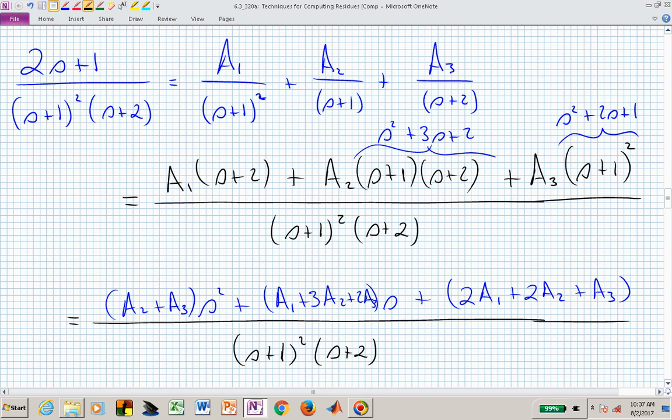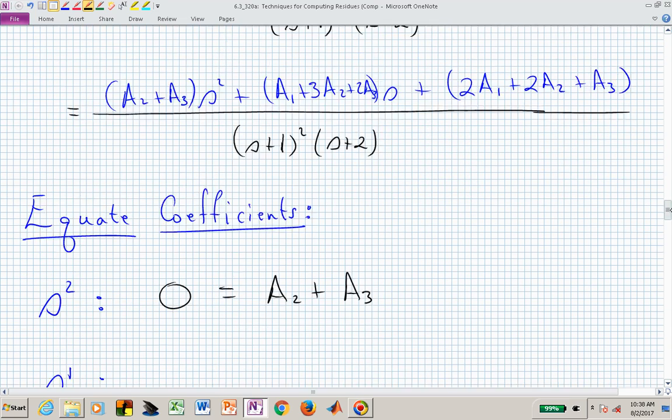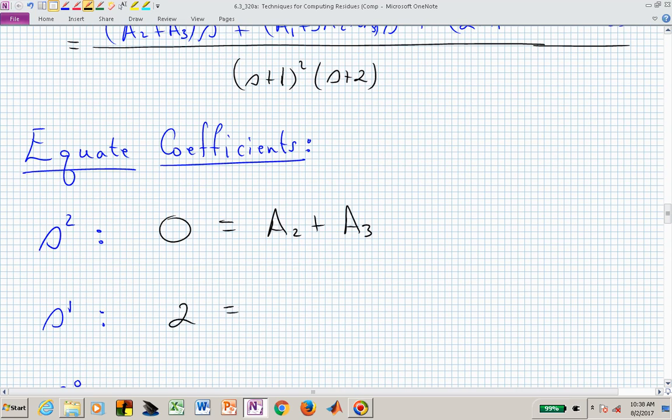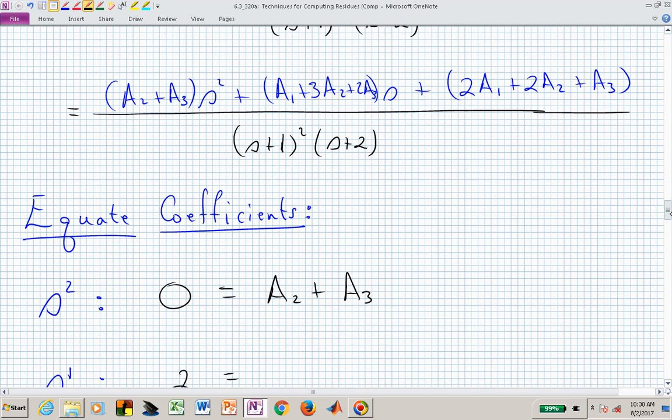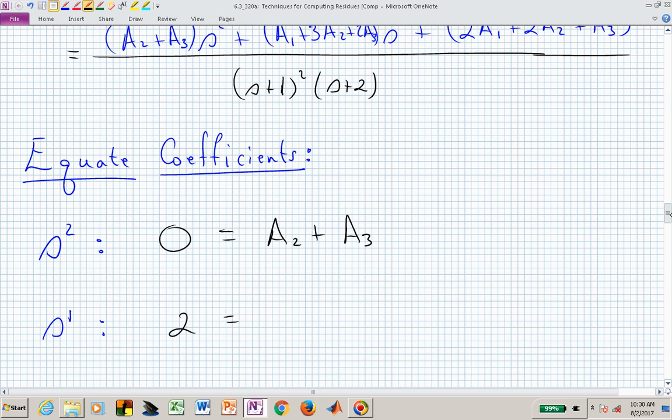Looking at the s1 coefficient, we have 2 on the left, and on the right we have a sub 1 plus 3a sub 2 plus 2a sub 3.